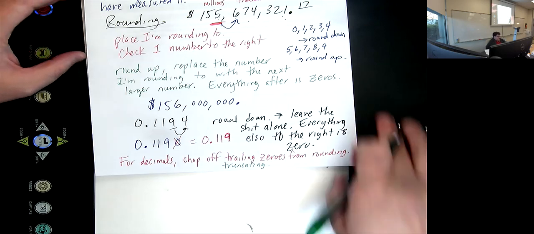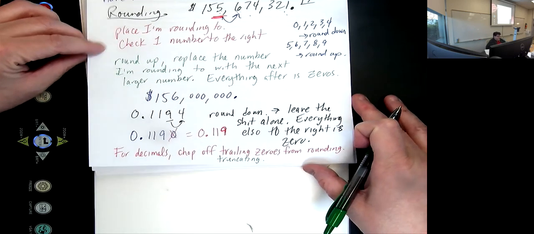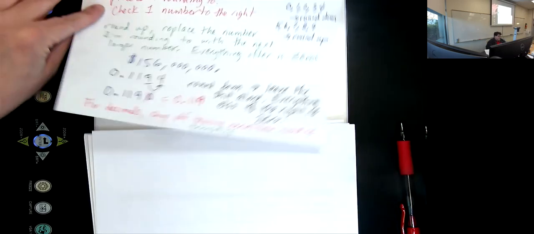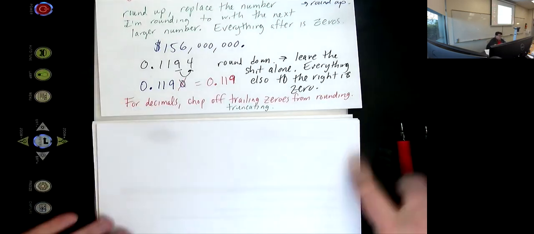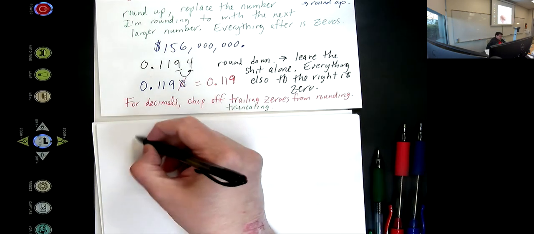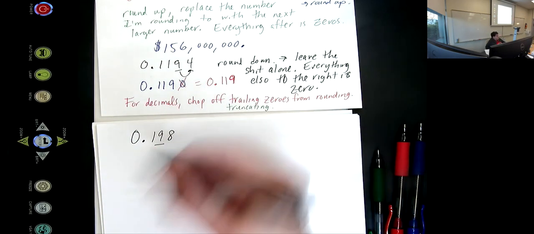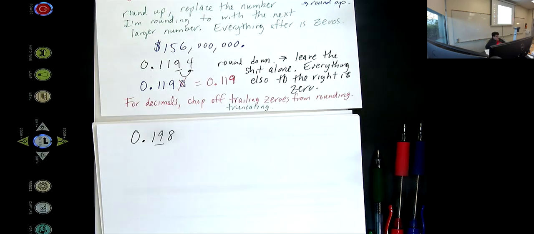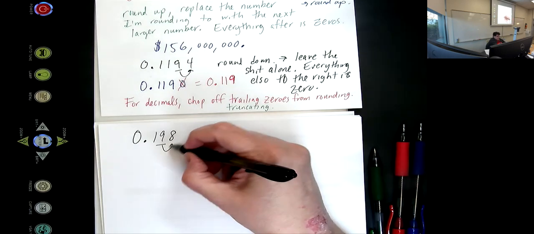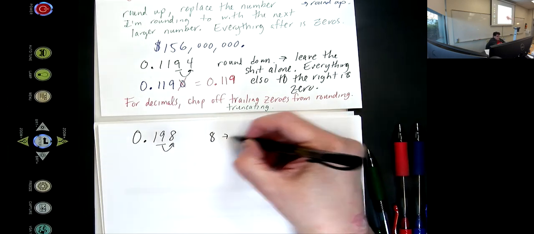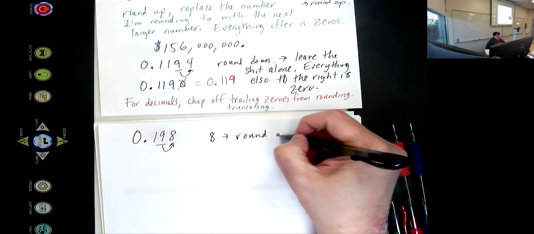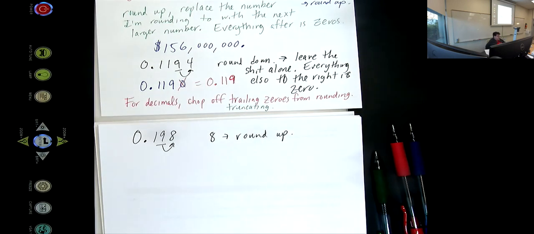All right, so the other time this matters, take special note in rounding. If I've got 0.198 and I'm rounding to this place, the 8 says round up. But the next number up from a 9 is a 10, and 10 has 2 digits, so I can't just do it there.